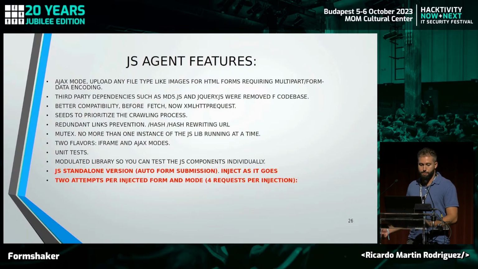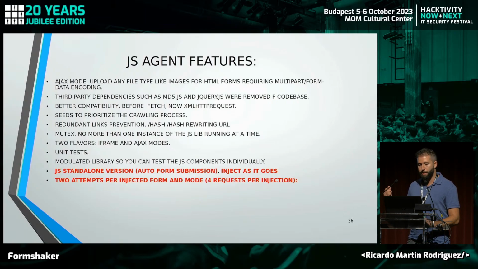And now it has better compatibility, and before we used to use fetch, now we use XML HTTP request, and implements seeds to prioritize the crawling process, as explained before. It has a redundant link prevention, so rewrites URLs and that kind of URLs that include IDs. It will try to avoid visiting more than one. It has mutex, so no more than one instance of the EAS library is running at a time. And it offers two flavors, as I explained, iframe or Ajax request, Ajax mode.